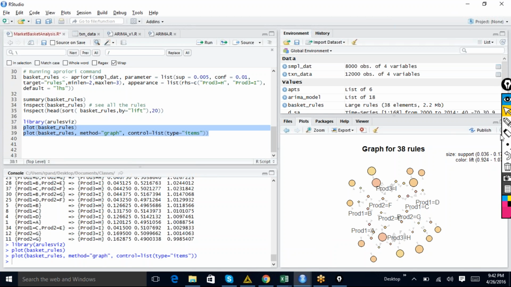Okay, good. So this is the chart that I was talking about.